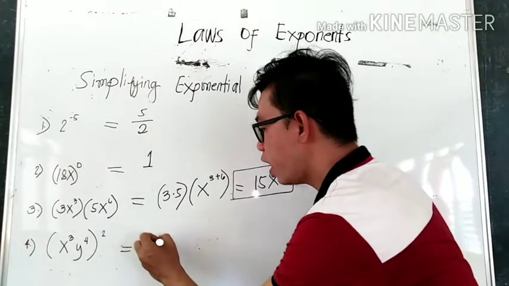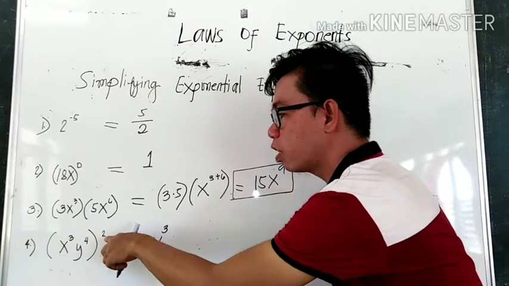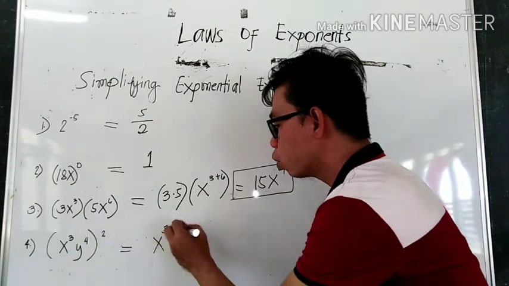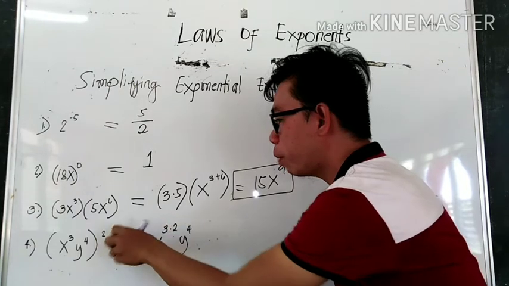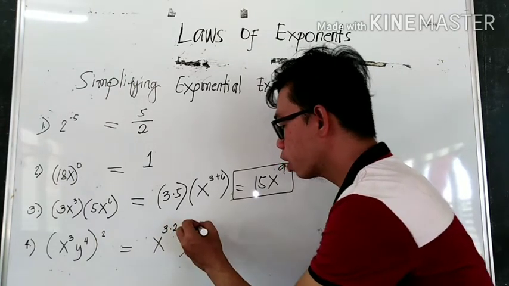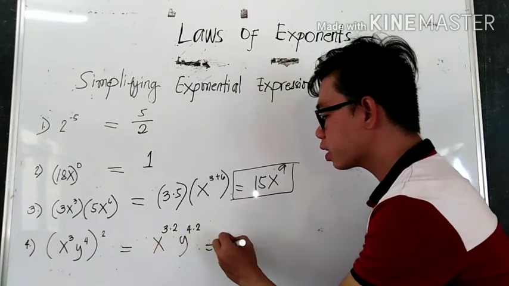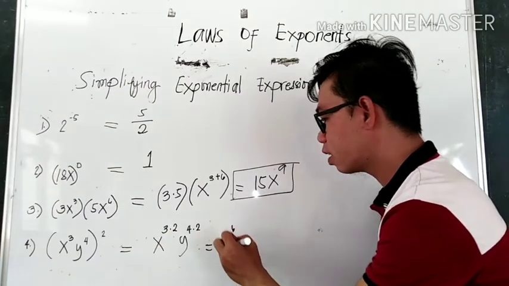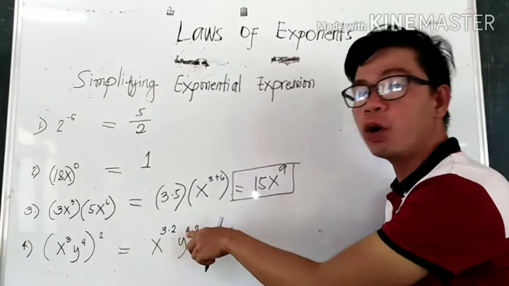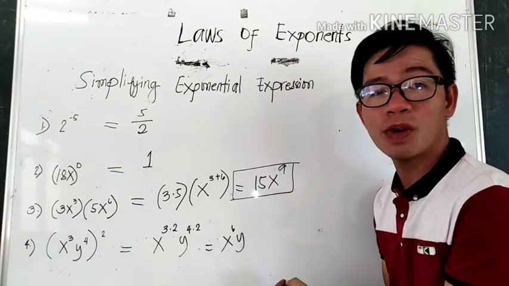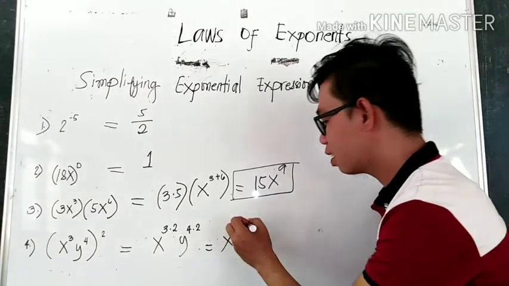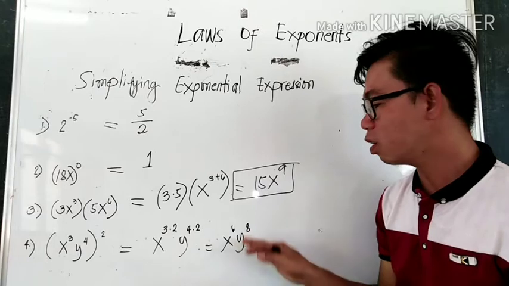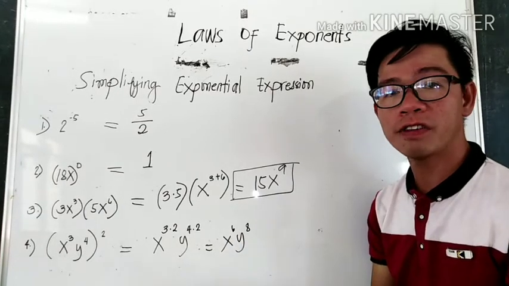We have x, 3 multiplied by 2, then y to the 4th power multiplied by 2. x, 3 times 2 is equal to 6. Then y, 4 times 2 is equal to 8. So our answer is x raised to the power of 6 and y raised to the power of 8.